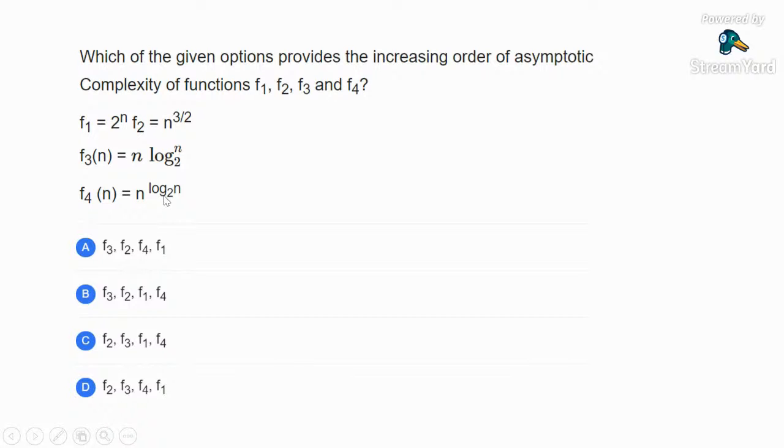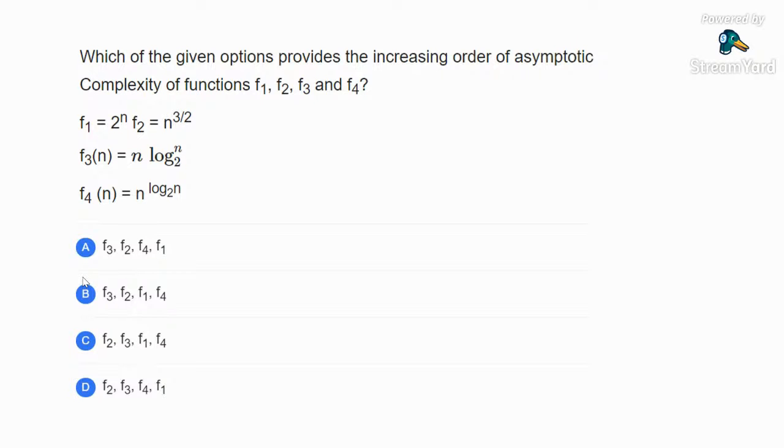So the smallest, f3, will be first, then f2 comes into the picture, after that f4. And all these f2, f3 and f4 are nothing but polynomial-type functions.